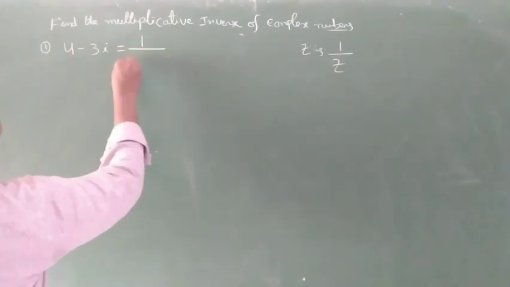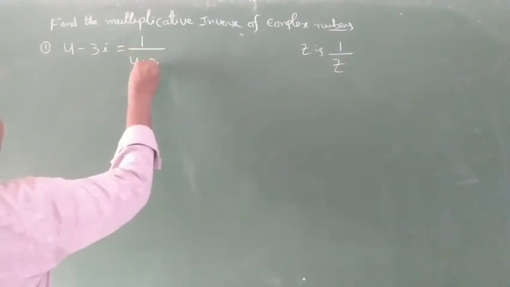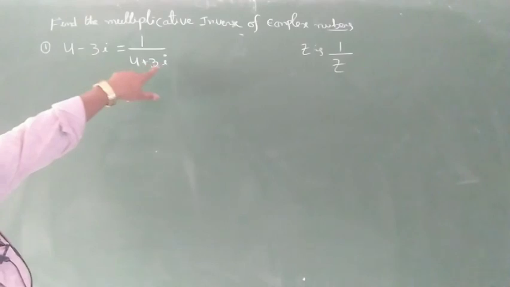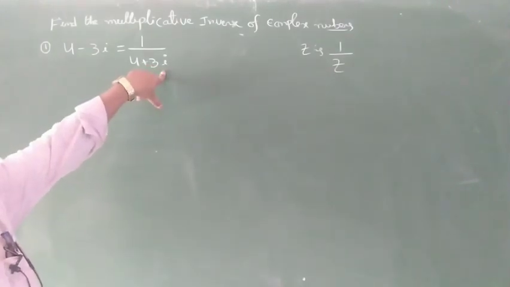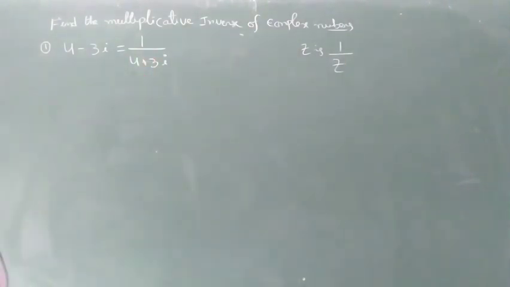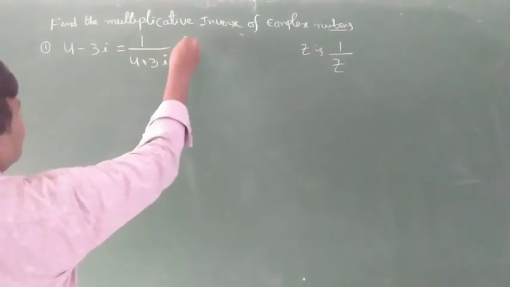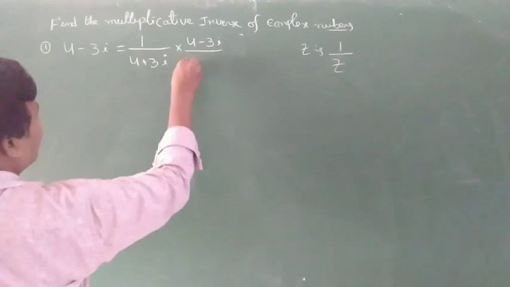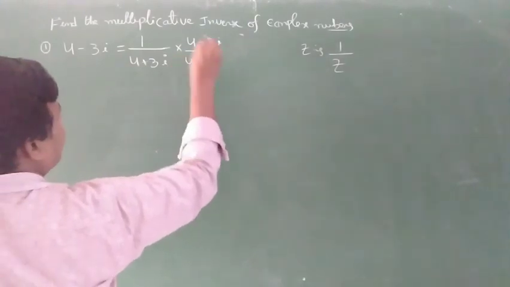So 1 by 4 plus 3i. In the denominator, there should be no i terms. Okay, don't keep the i terms. So rationalization, 4 minus 3i by 4 minus 3i.